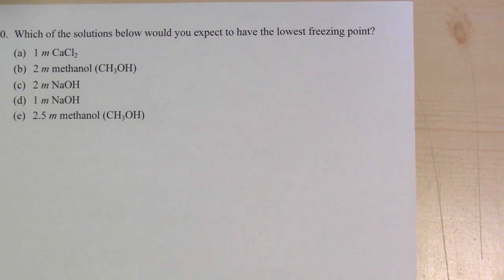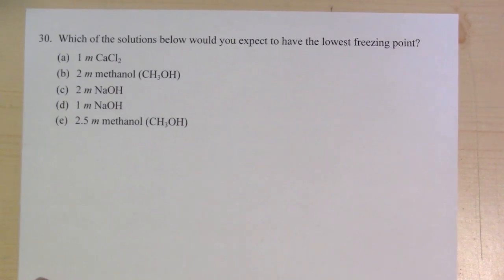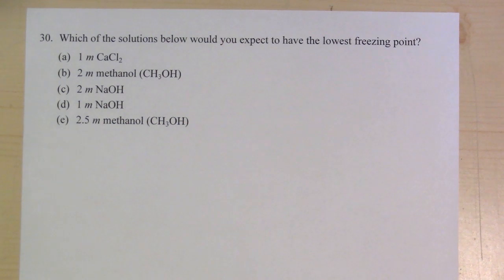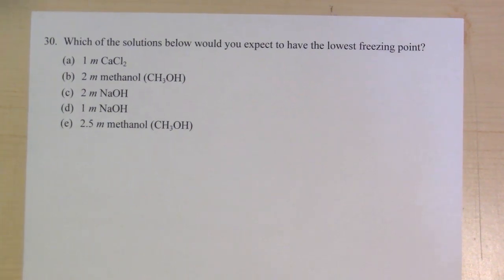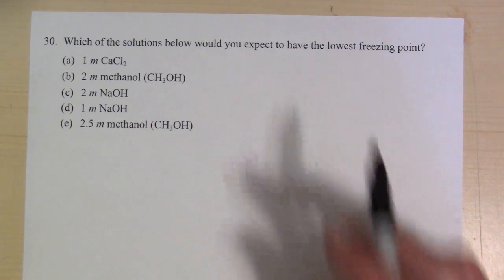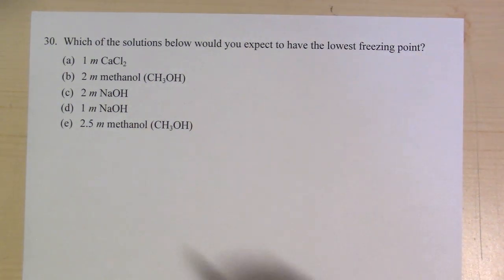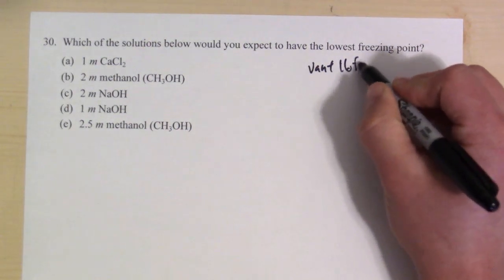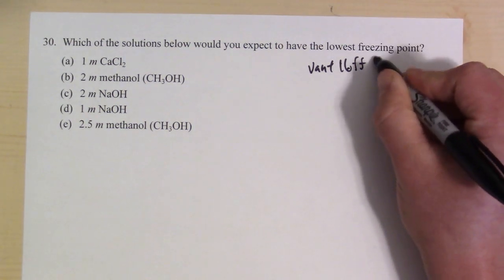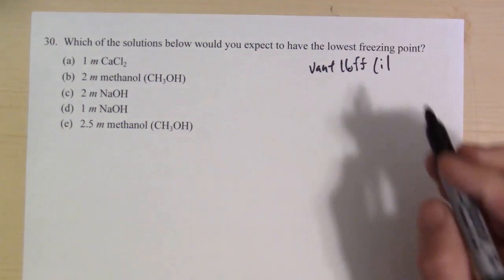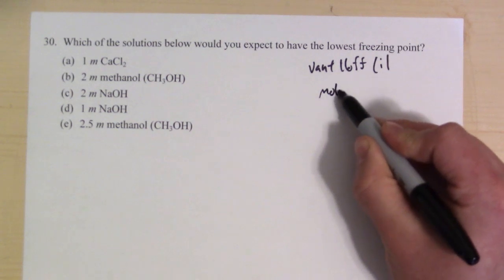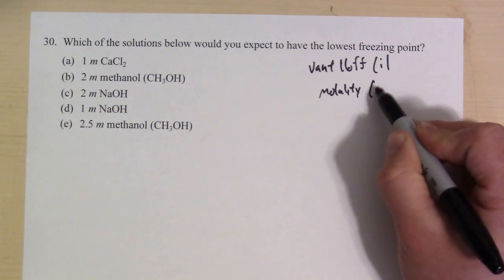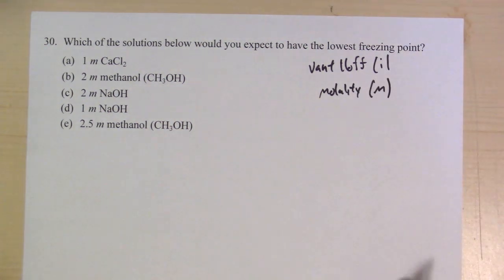Which of the solutions below would you expect to have the lowest freezing point? That's question 30. So there are going to be 2 factors here that affect the freezing point of a given solution when you dissolve these things in there, and that is going to be the Van't Hoff factor, so that would be i, and the molality, lowercase m.